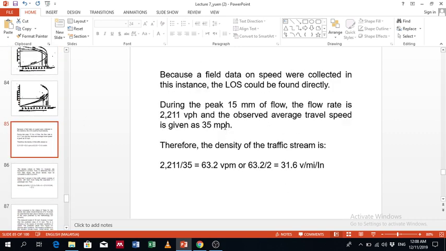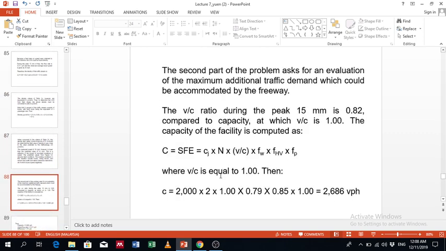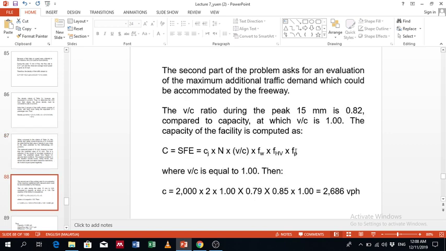Very easy, just during the peak hour flow rate. I don't know if it is mentioned here or not. Yes, here we go. So I was talking about this one here.